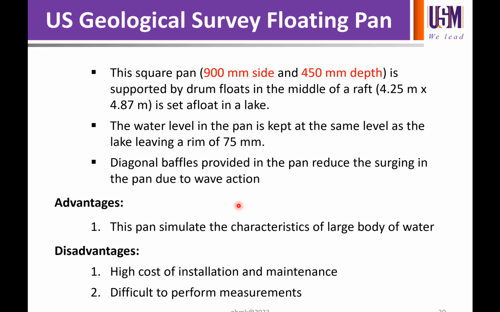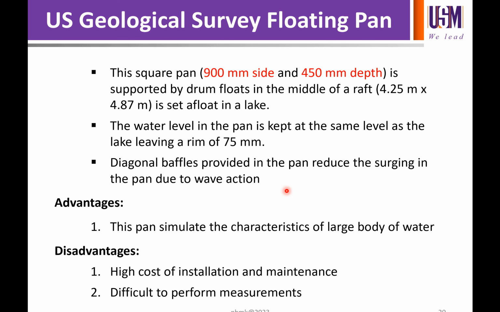Then the next one is the US Geological Survey floating pan. Just from the name, you know that it needs to be floated on top of the lake. It is a square metal pan.